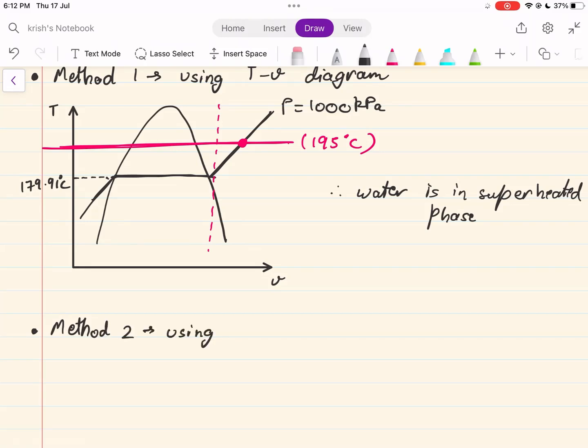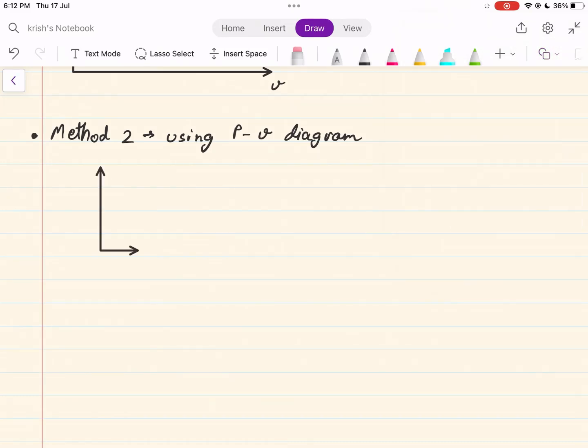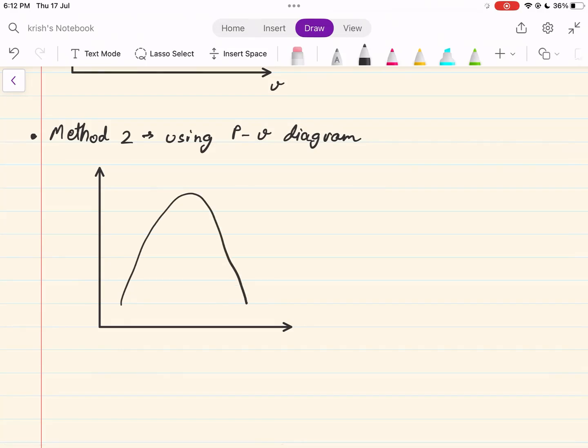Now let's do it using method 2 just for the sake of verification that we do in fact get the same answer using PV diagram. PV, and this is now a constant temperature line.